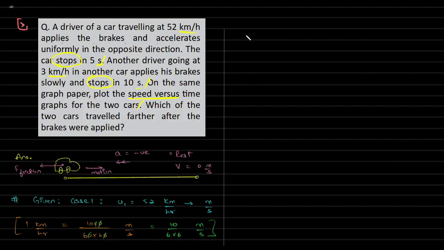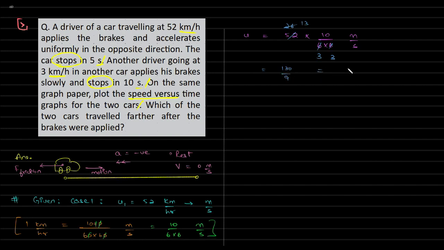So basically u would be equal to 52 into 10 by 6 into 6 meter per second. And so we have 2 times 26, 2 3s are 6, 2 13s are 26, 2 3s are 6, and we have 130 by 9.